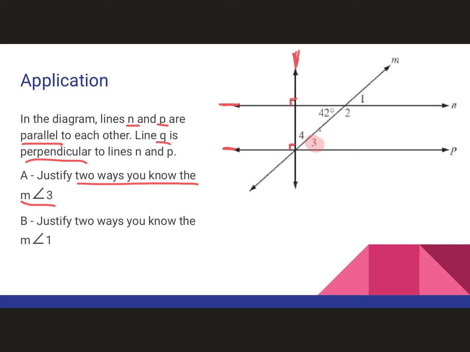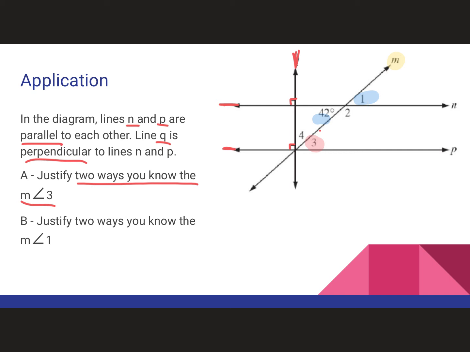So let's talk about this. So we have this transversal here. Ooh, didn't mean to do that with that. Meant to do that with the highlighter. This transversal here comes down, and we're trying to find it. So I know that this 42 and this angle are vertical angles, so they're the same.